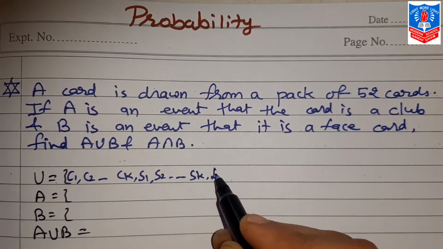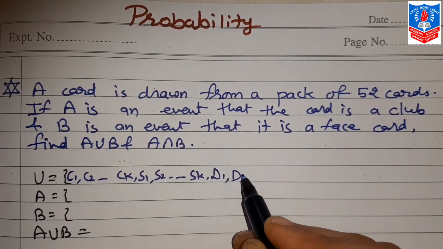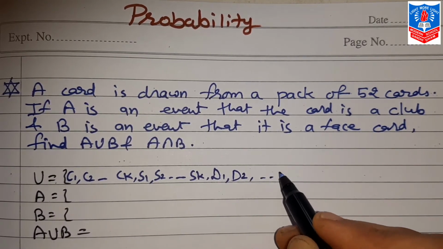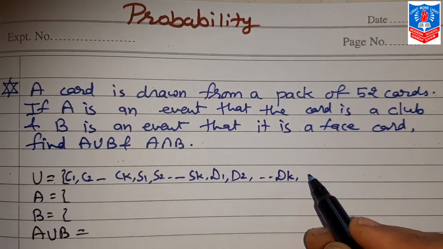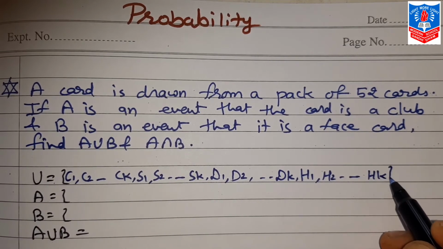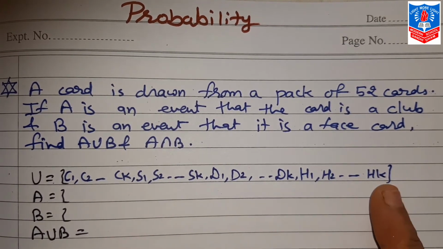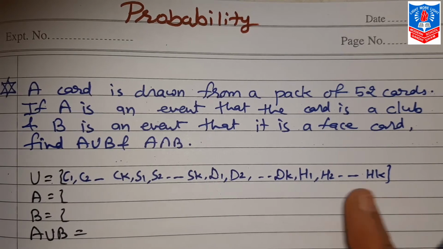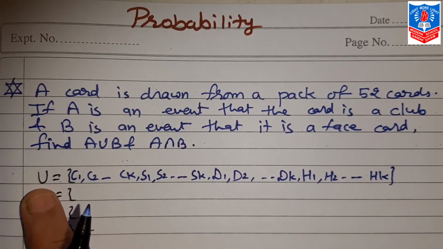Same way diamond, 1, 2 up to king, and finally which is left, that is heart, H1, H2 up to HK. So this way total 52 playing cards, that is sample space U.